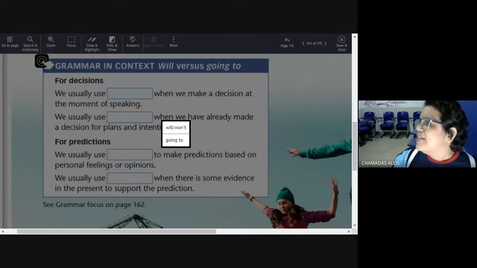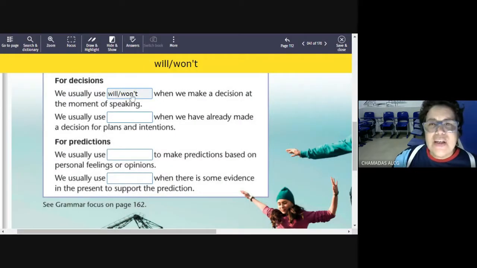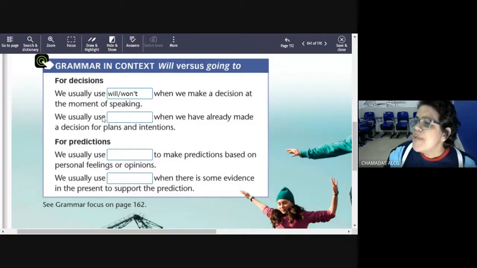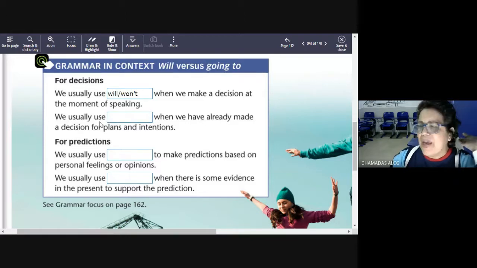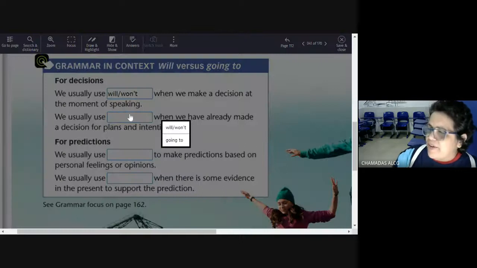Excellent. Very good. So we use will or won't, affirmative or negative, okay? Because we are making a decision at the moment of speaking, okay? Now, we usually use going to when we have already made a decision for plans and intentions. Which one?